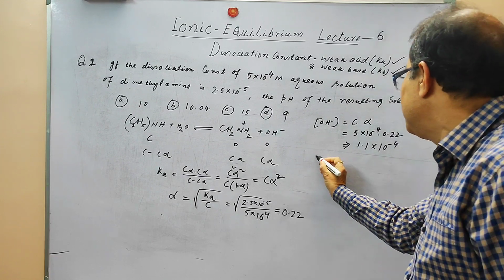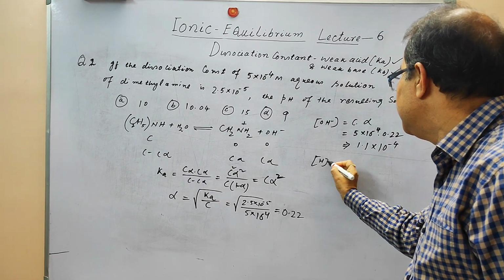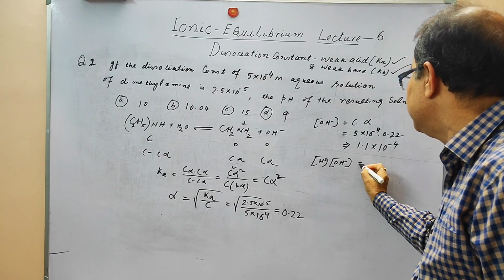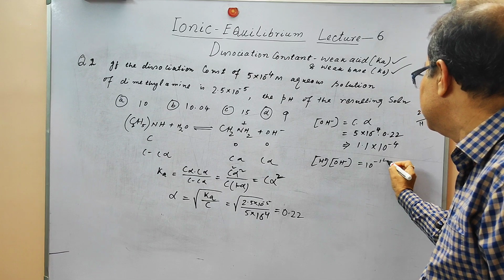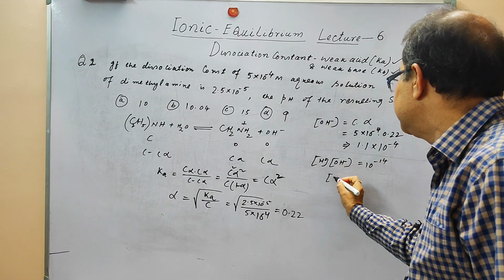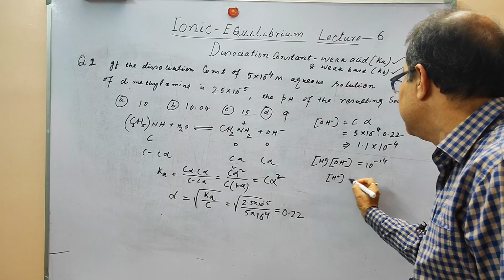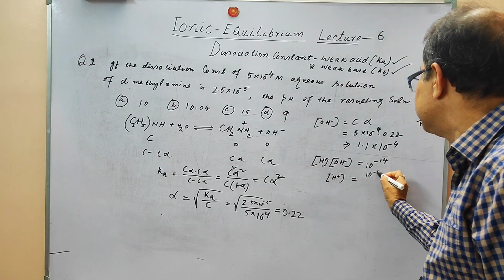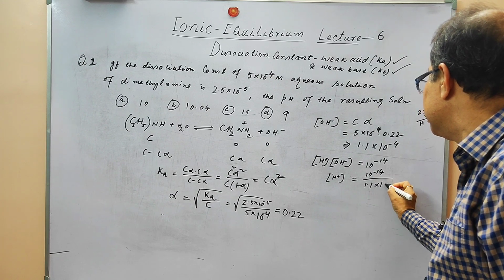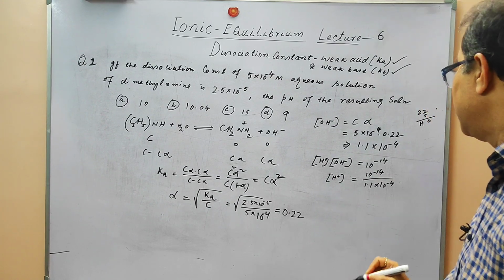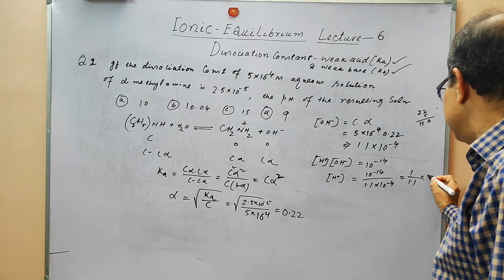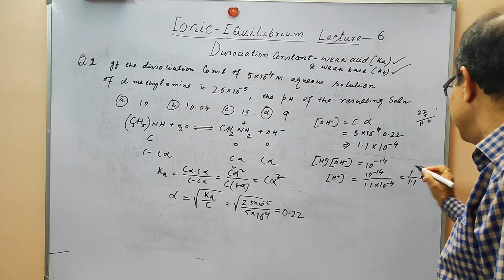Okay. Now we know this relationship: the H plus ion concentration into the OH concentration equals the Kw value, which is 10 to the power minus 14. So if we put this value, we get the H plus ion concentration as 10 to the power minus 14 by 1.1 into 10 to the power minus 4, and it will give around 1 by 1.1 into 10 to the power minus 10.